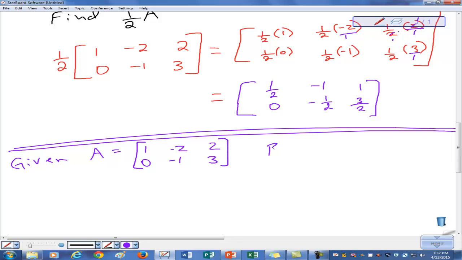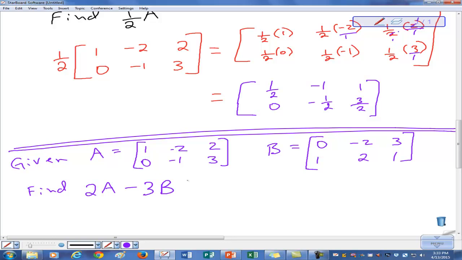And we'll say that matrix B is 0, negative 2, 3, 1, 2, 1. And let's say we want to find 2A minus 3B. So I'm deviating from the PowerPoint on this one.